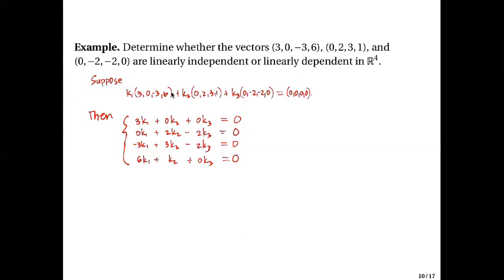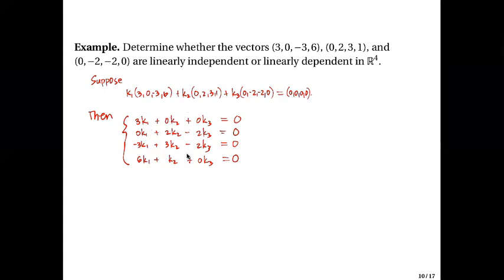So in here, this vector equation can be written as a linear system like this. You have 3 unknowns, K1, K2, and K3, but you got 4 equations.